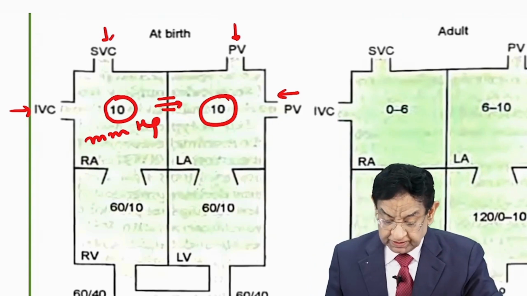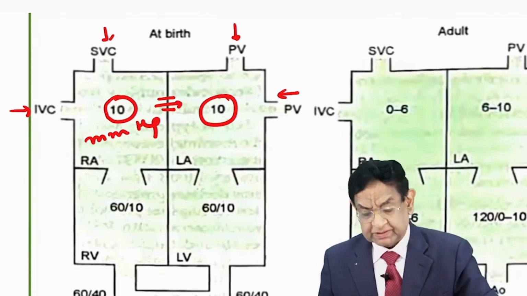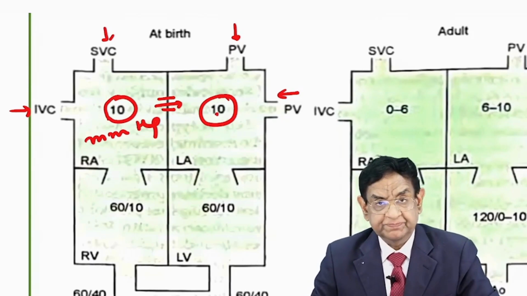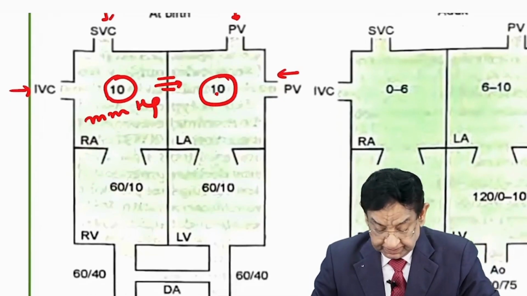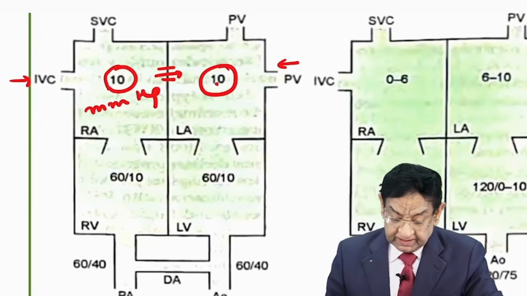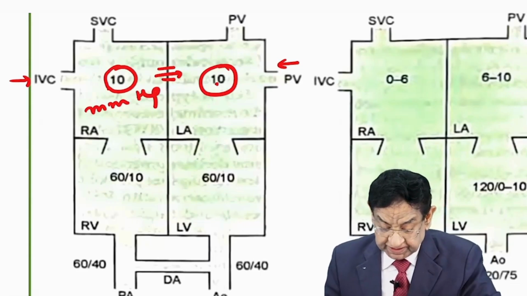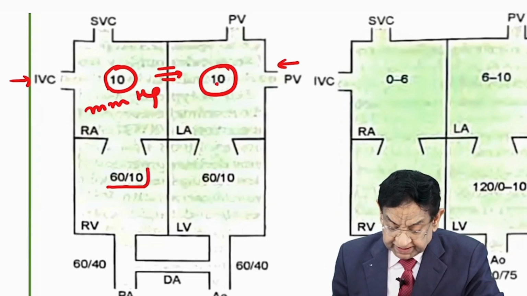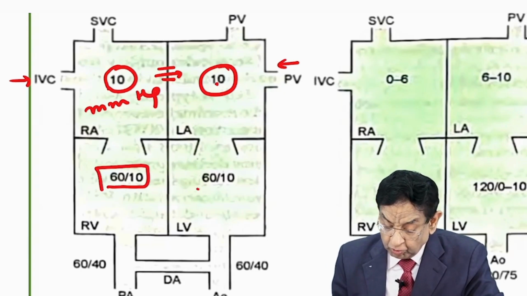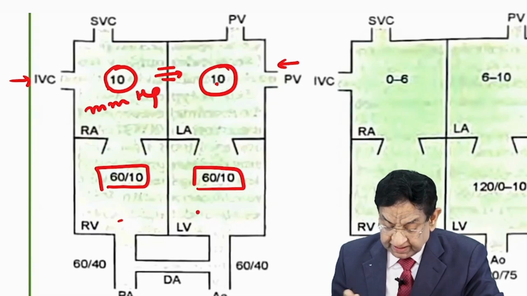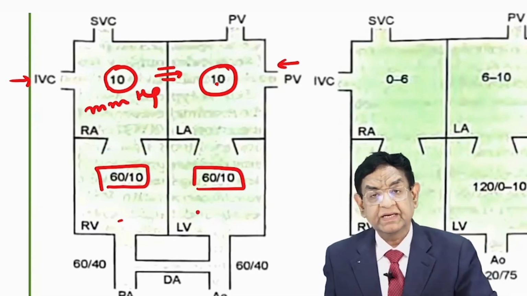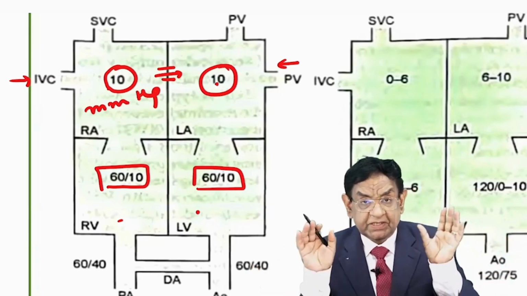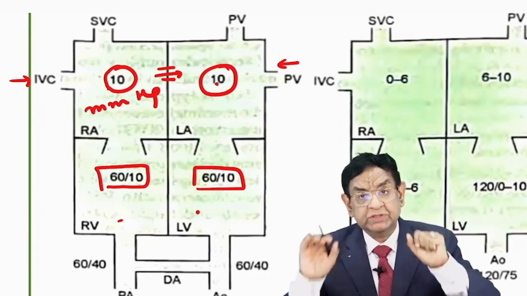So what we notice, the pressure in the two atria is the same, 10 and 10. Then let's see the pressure in the right ventricle, 60 by 10, and 60 by 10 in the left ventricle. That means the pressure in the two ventricles is also the same.